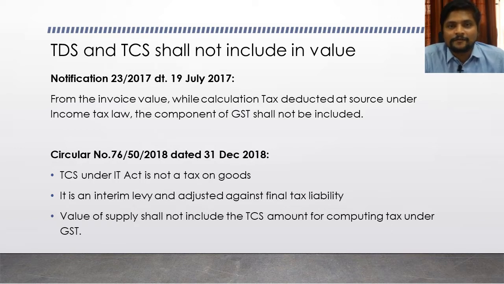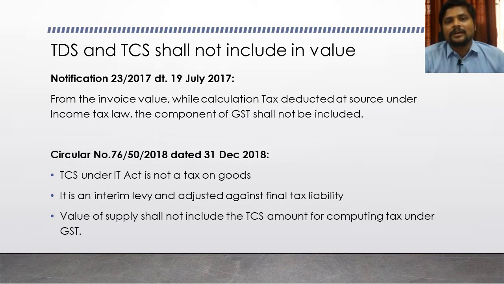Under the Income Tax Act, if a transaction satisfies certain conditions, then the TCS provision becomes applicable. I will give you an example. There is a purchase of certain goods which falls under the condition of this TCS. The goods are purchased for a value of 1 lakh rupees and GST may be charged on top of it, maybe 18%.